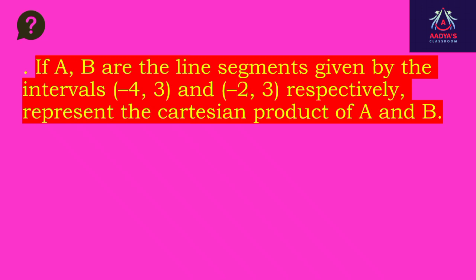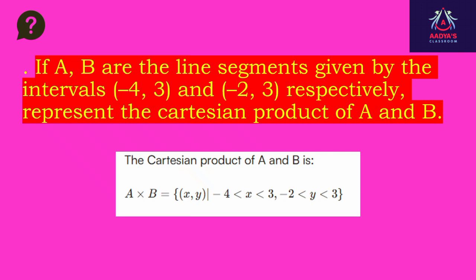Similarly, we'll take whatever numbers are between -2 and 3, but not include -2 and 3. So the Cartesian product of A and B is {(x, y)} such that x lies between -4 and 3 and y lies between -2 and 3.